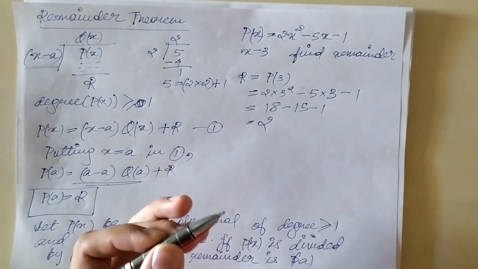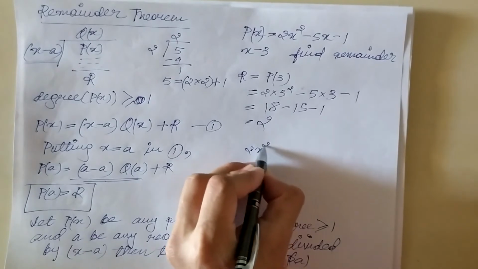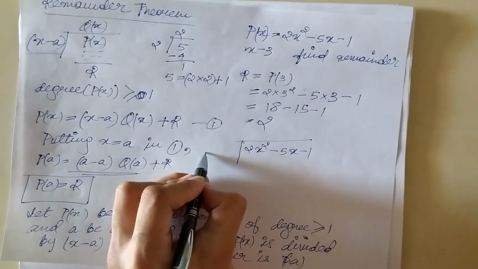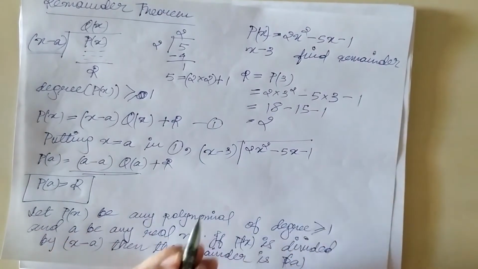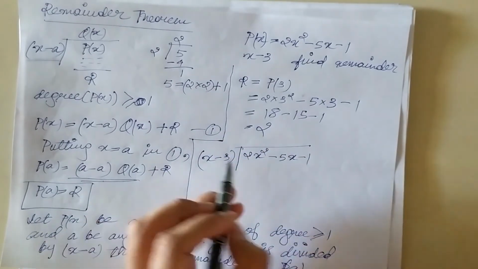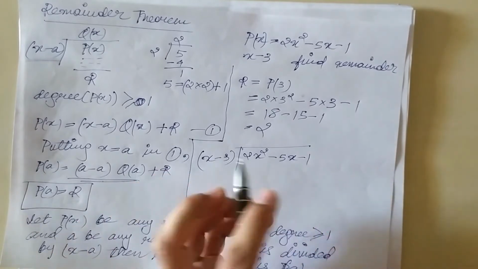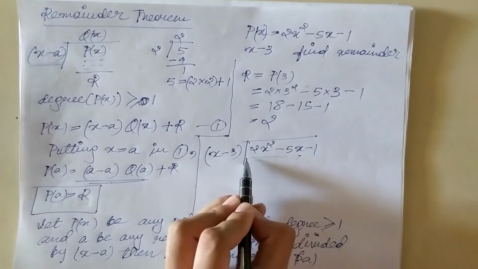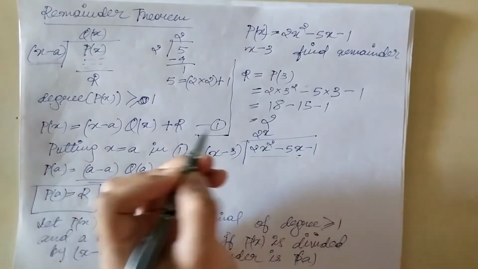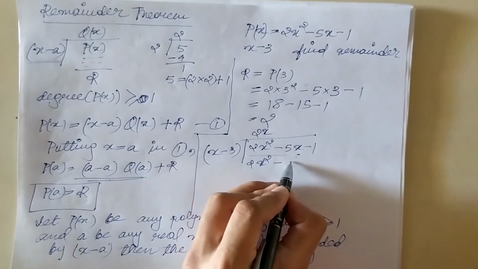Now we can also verify this by doing the actual division. So it is as follows: 2x square minus 5x minus 1 divided by x minus 3. For dividing it we need 2x, so we will get 2x square minus 6x.